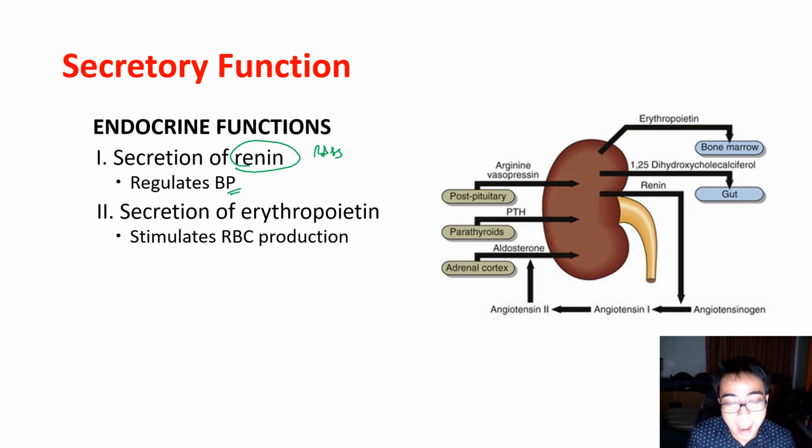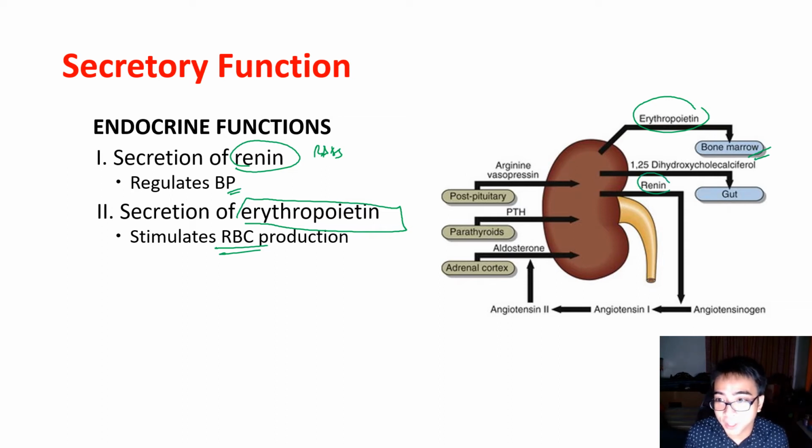So one thing that you have to remember lang, class, is that renin is a neuropeptide responsible for modulating the blood pressure. And the other one, class, is the production of erythropoietin. Erythropoietin, class, is a hormone responsible for stimulating your bone marrow to produce RBC. So yeah, erythropoietin, class, target niya is the bone marrow.